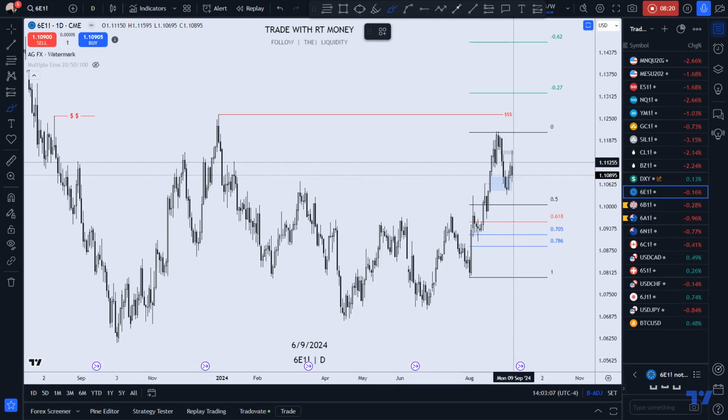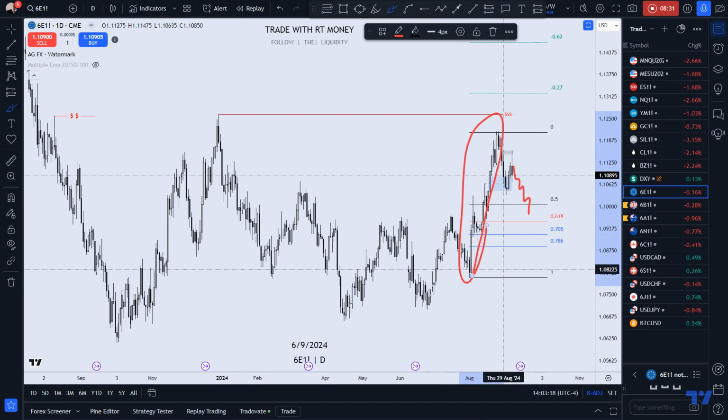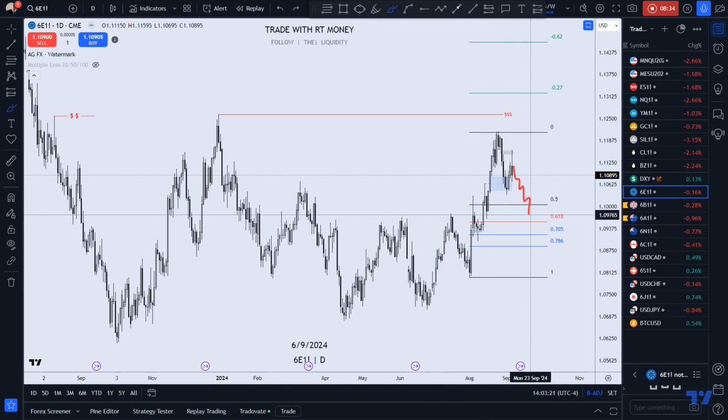So what am I looking at here? I'm looking at that strength coming back to the U.S. dollar and price going into a discount area of this trading range, getting below the equilibrium.